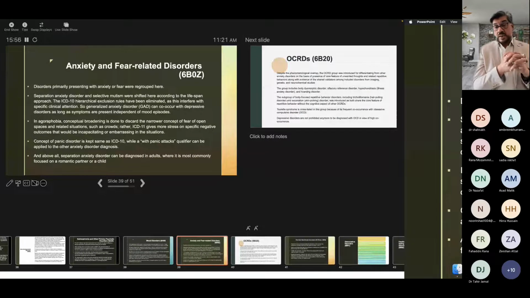Anxiety and fear-related disorders, 6B0Z. Disorders primarily presenting with anxiety or fear were regrouped here. Separation anxiety and selective mutism were shifted here according to the lifespan approach. ICD-10 hierarchical exclusion rules have been eliminated as this interfered with the specific clinical attention.